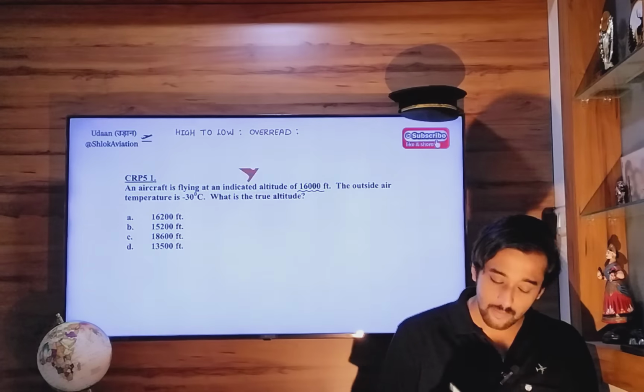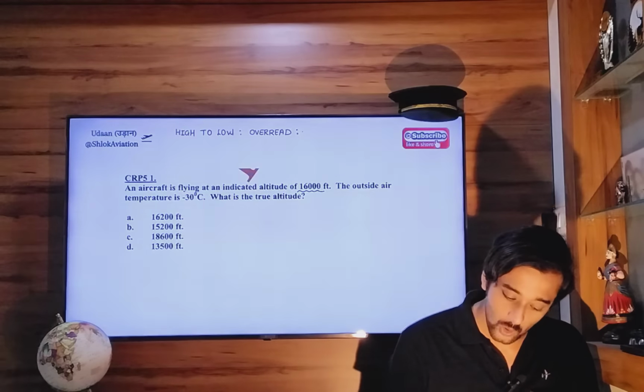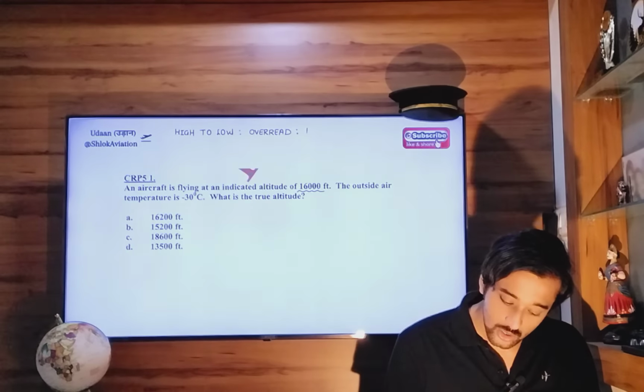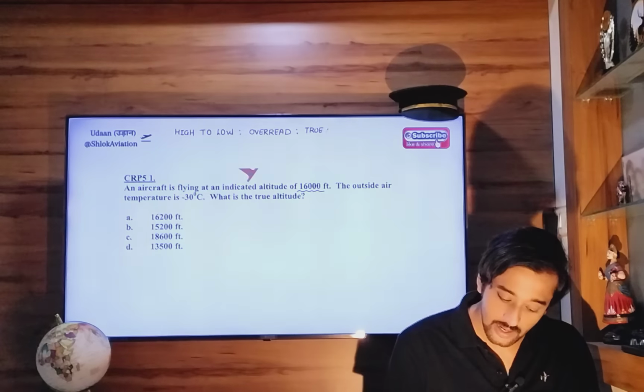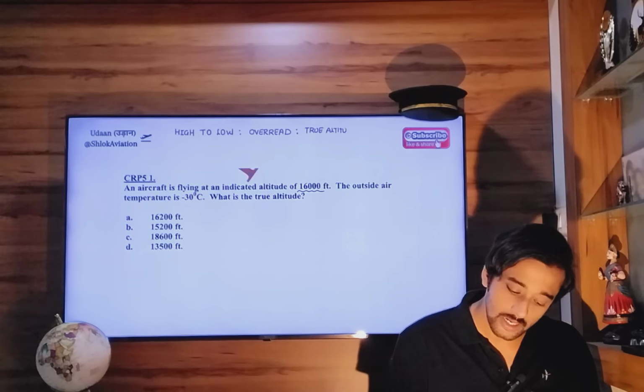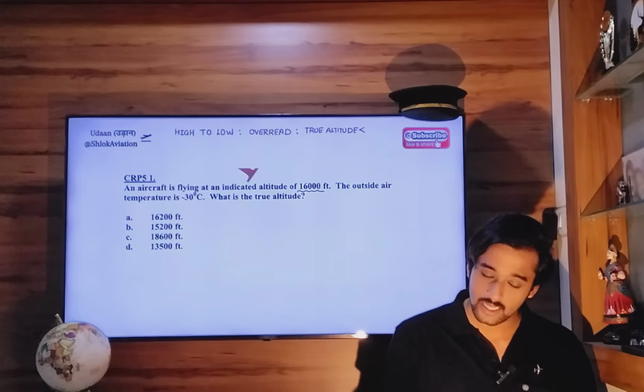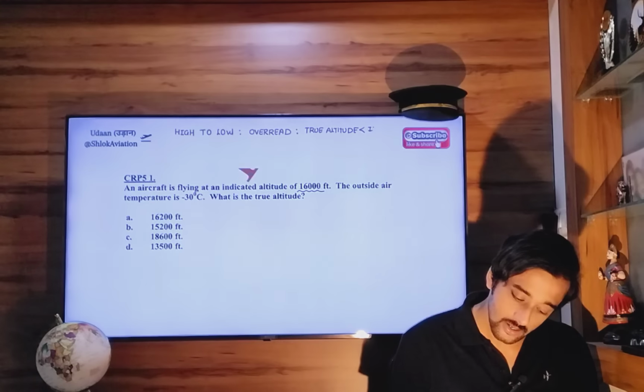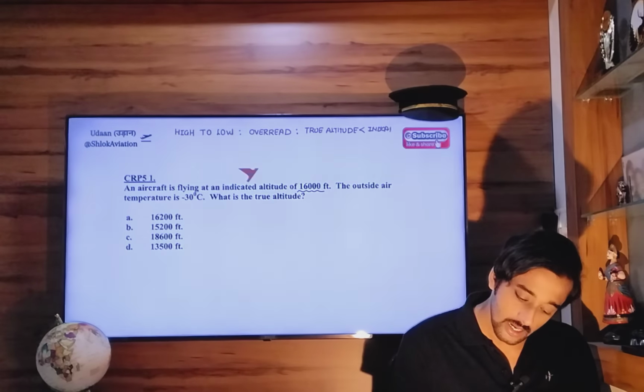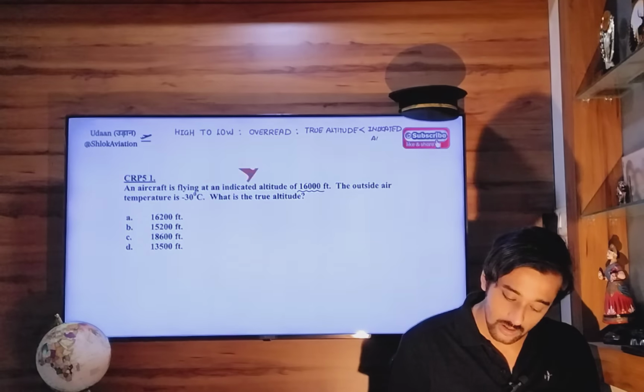So from a high pressure area to a low pressure area, the altimeter overreads, meaning the true altitude of your aircraft, the real altitude, will be less than the indicated altitude.